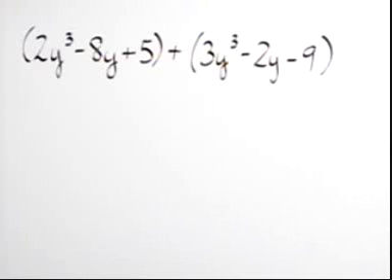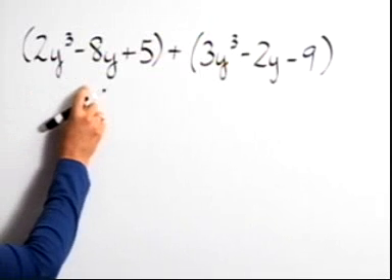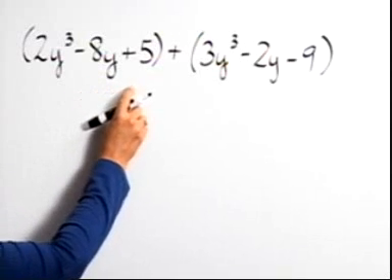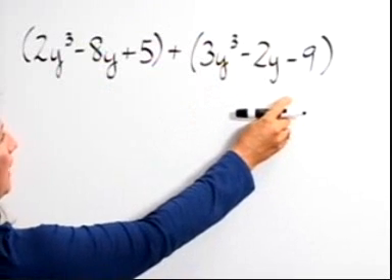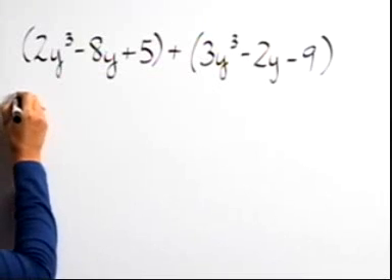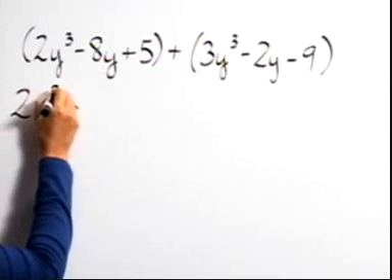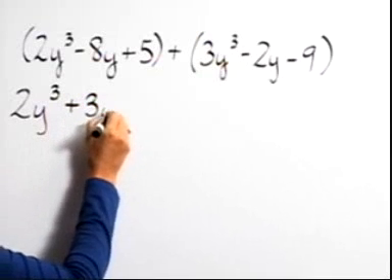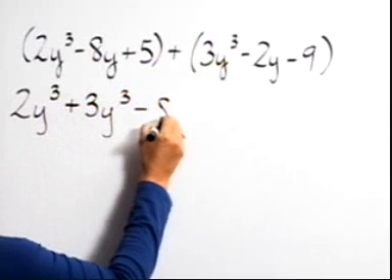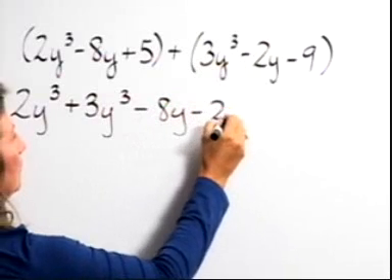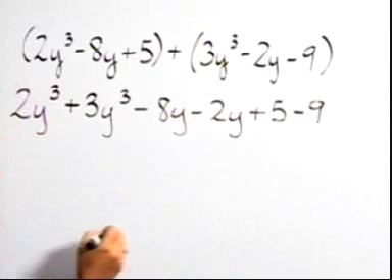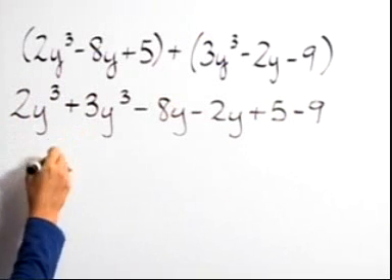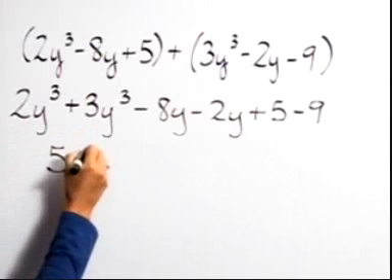Add and write the resulting polynomial in descending order of degree. We have 2y to the third minus 8y plus 5 plus 3y to the third minus 2y minus 9. We'll start by collecting like terms, and now we'll combine like terms. 2 plus 3 gives me a 5y to the third.